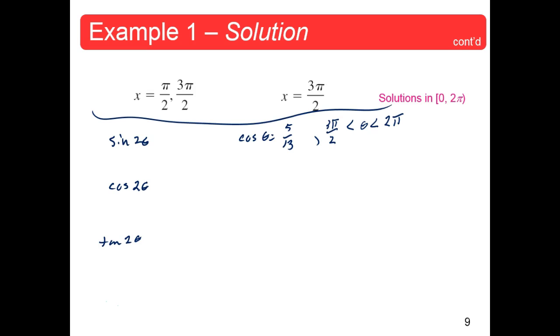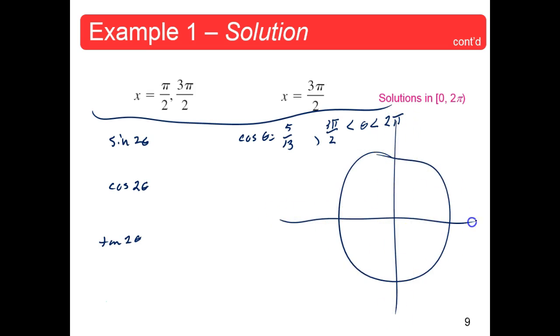Now my suggestion, if you haven't gotten used to this yet, get used to it, is draw yourself a circle. I'm not going to say a unit circle because it's not. Anyone want to guess what size circle that is? Not a unit circle. It's a 13 circle. Why? That's your denominator.